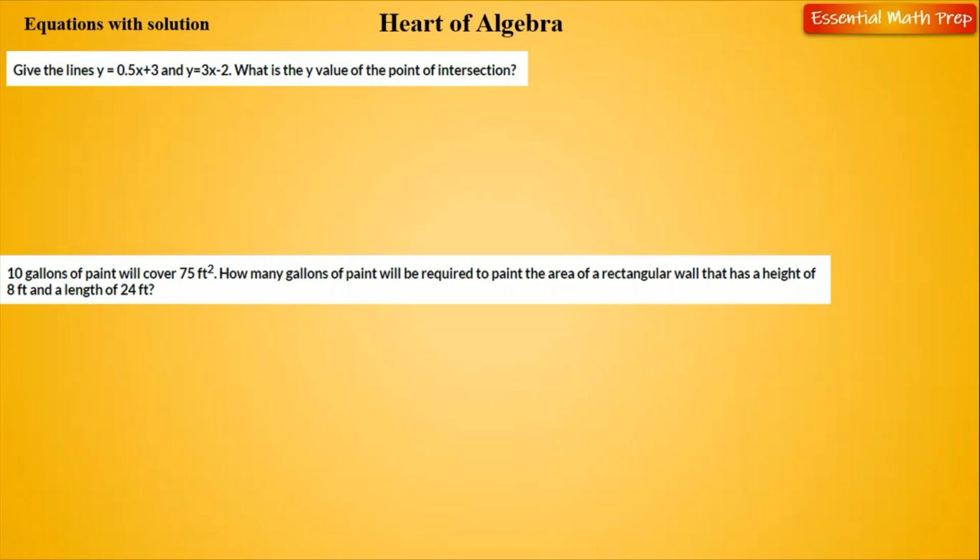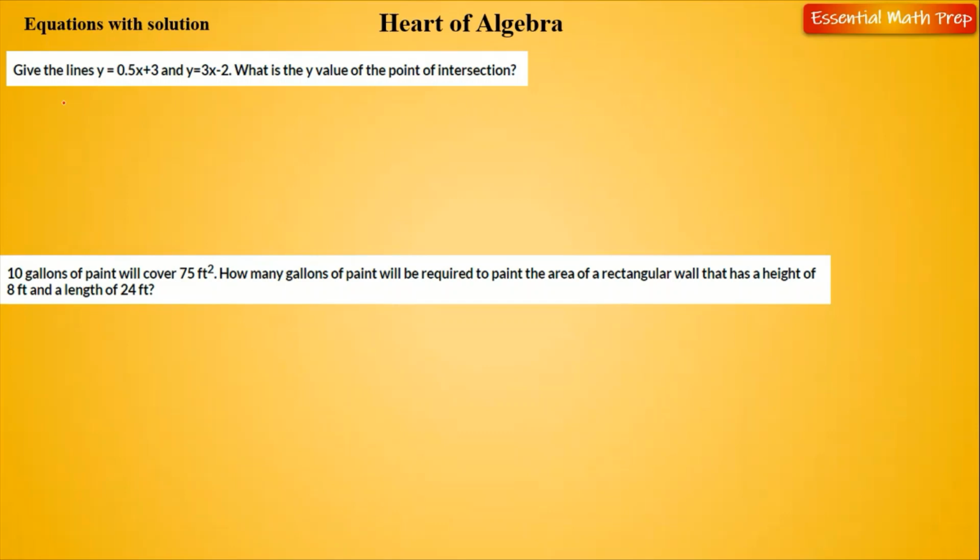Let's get started. The first problem states, given the lines y equals 0.5x plus 3 and y equals 3x minus 2 intersect, what is the value of the point of intersection? This is actually true. When two lines intersect, the y values should be equal.